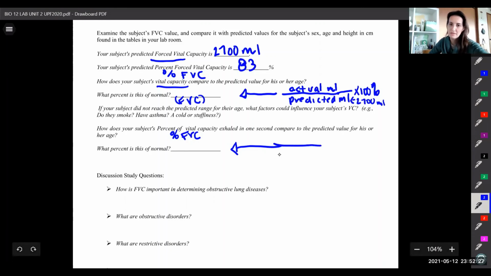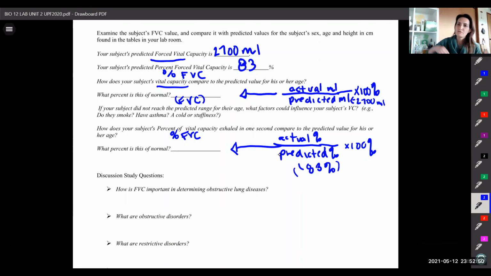And so here we'd have the actual percent divided by the predicted percent. Multiplied by 100. That will give us percent normal. The predicted was our 83%. And then you find the actual based on that second diagram that you're going to measure.